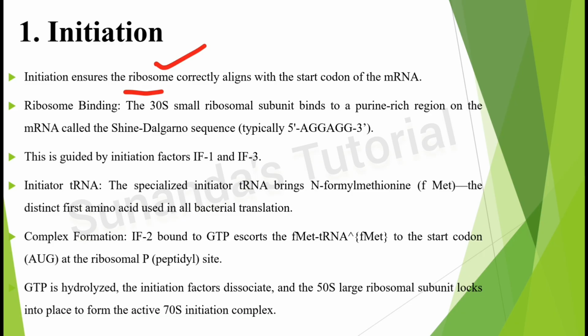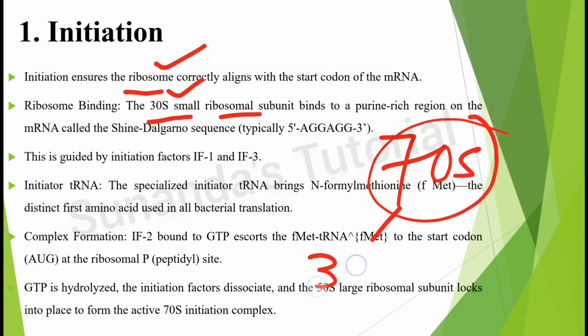At first that mRNA is attached with the small ribosomal subunit. Prokaryotes have a 70S ribosome and the smaller unit is 30S.